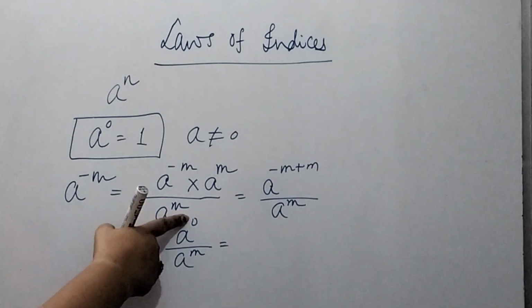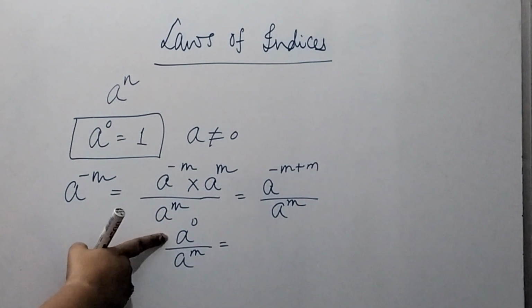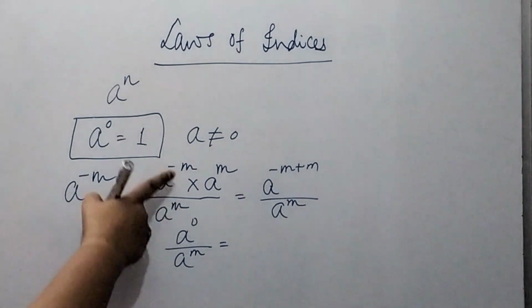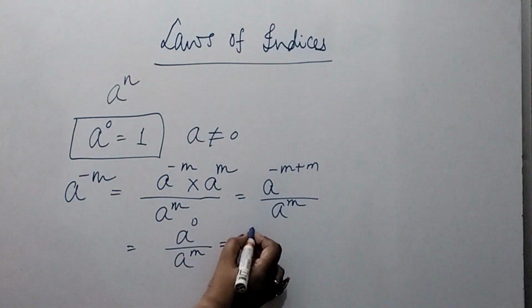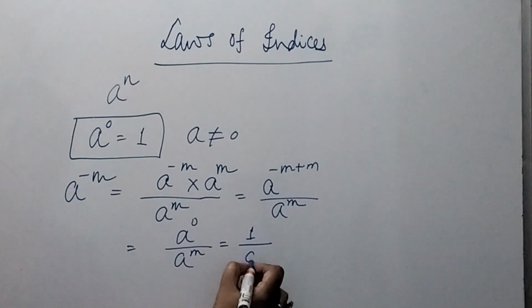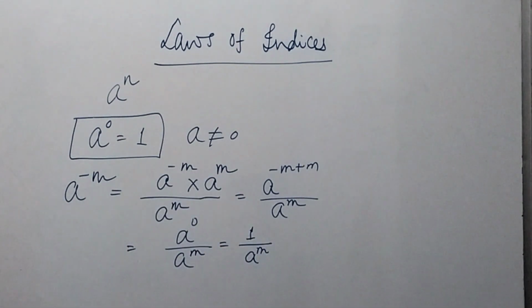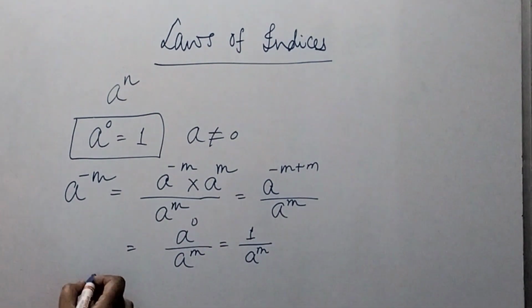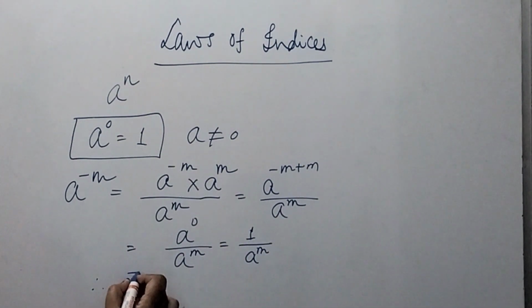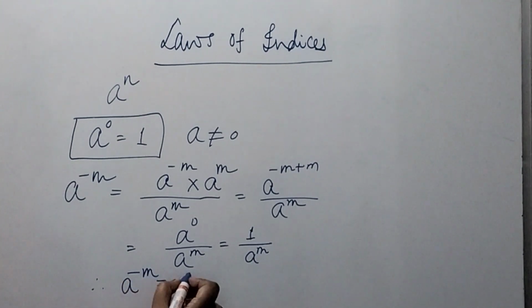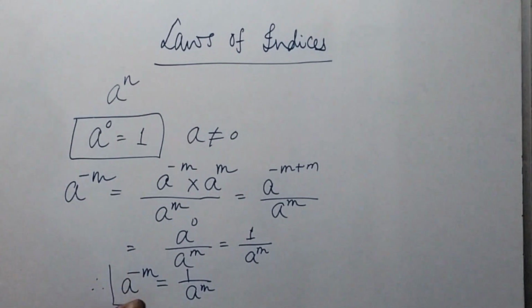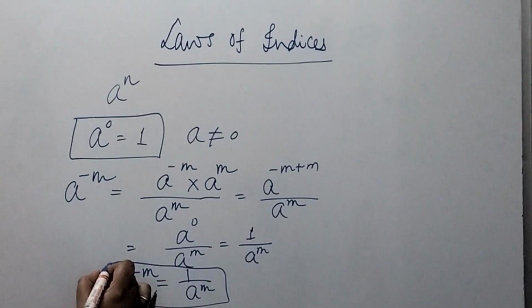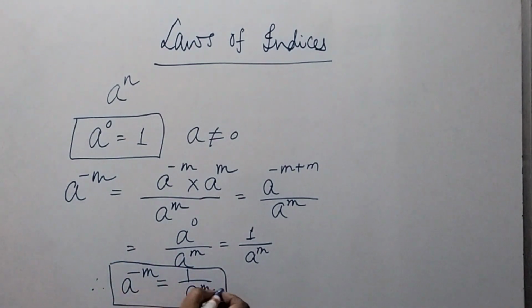And a non-zero real number, I repeat, to the power 0 will give us 1, and in the denominator we get a^m. So here another law is derived: a^(-m) equals 1 / a^m. How can we represent 2^(-3), for example?